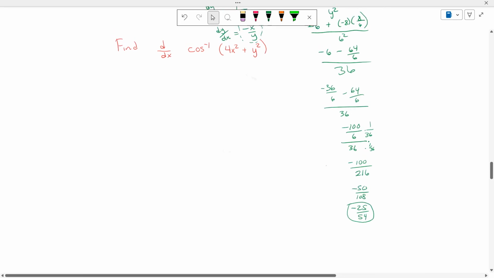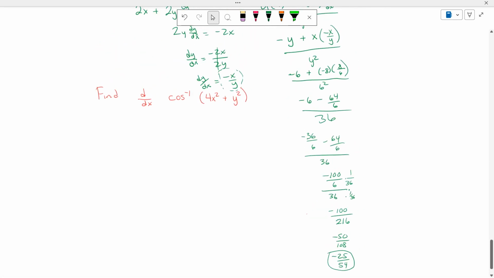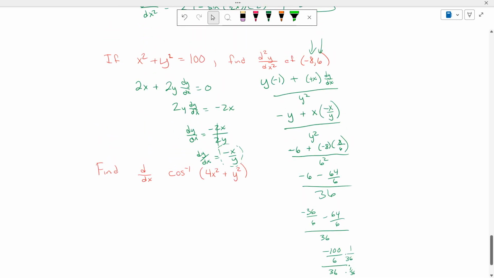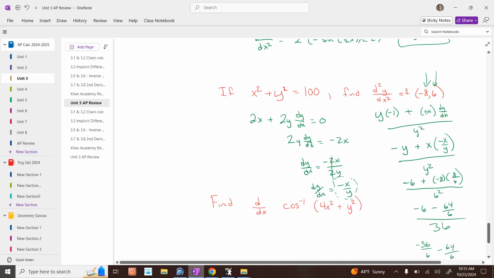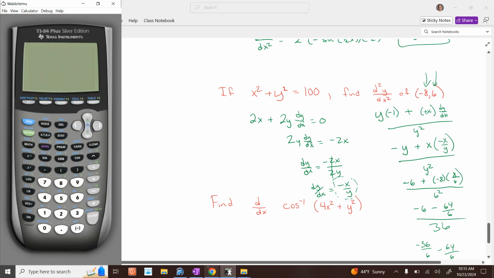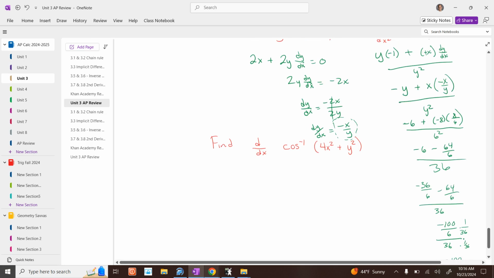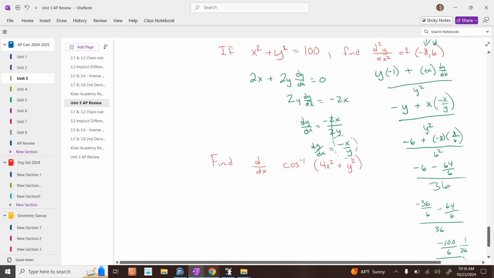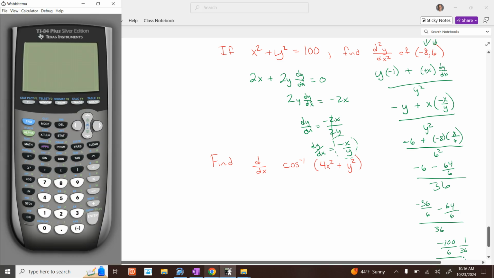Now, if I made a mistake on this, how could I check it on my graphing calculator? Well, I don't know if I could. Second derivative is concavity. So that might be right, actually. Negative 25 over 54. Because I can find the first derivative, but I don't think I can find the second derivative on my graphing calculator.